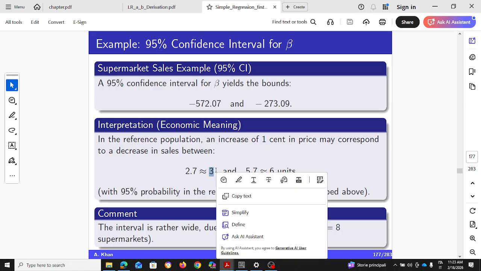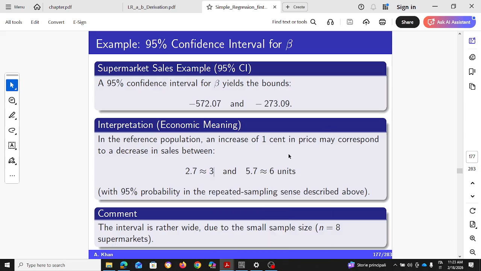Before, without these calculations, for 1 cent we had about 4.3 units of decrease. Now this interval is relatively large. It's very wide. Why? Because in our experiment we have a small number of rows. We have just 8 supermarkets. If we had more data, it could be narrower.